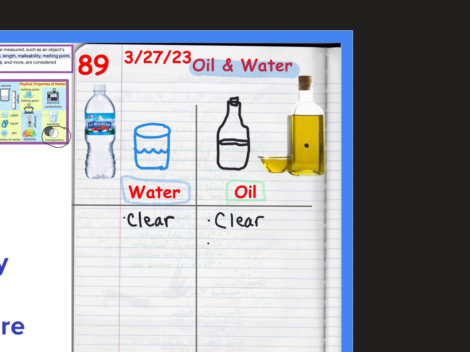But making a scientific observation, I could also say slightly cloudy, but it's still clear. I can see through it, but it's a little cloudy. Another thing that I want to write is they're both liquids.